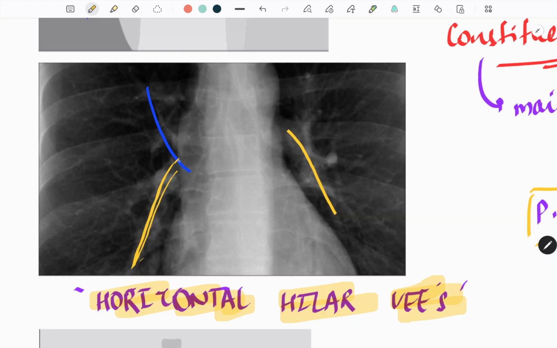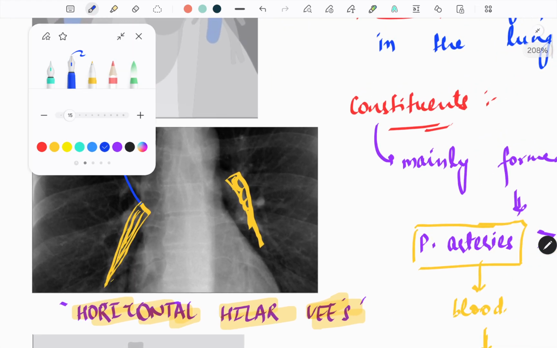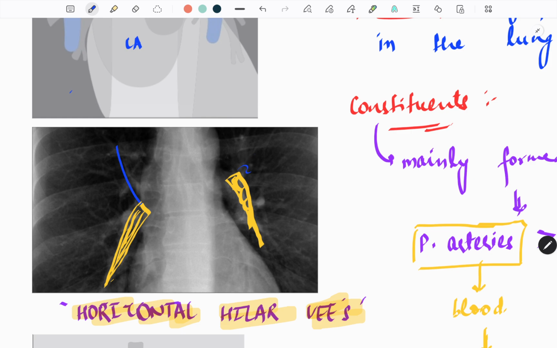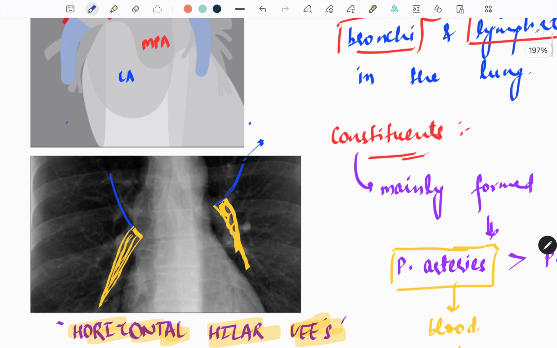This is the left pulmonary artery here. We'll see the other vessel, usually an upper lobe vein.